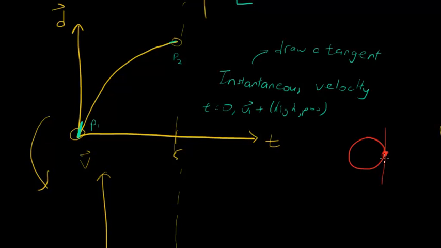If we zoom in on this point, we would see that it only touches it at one specific point. So if we have a line like that, and we want to find a tangent here, the tangent would be something like that, right? It's one line that touches it at just that one point.